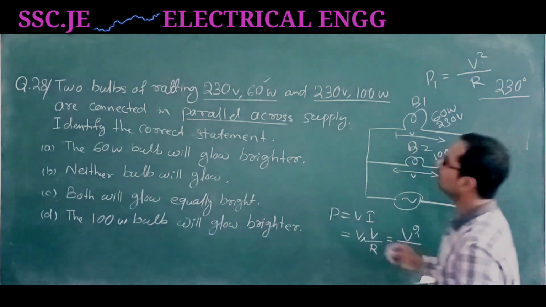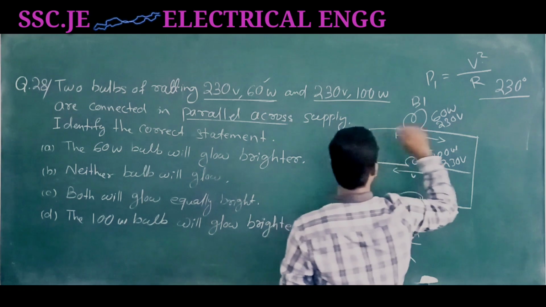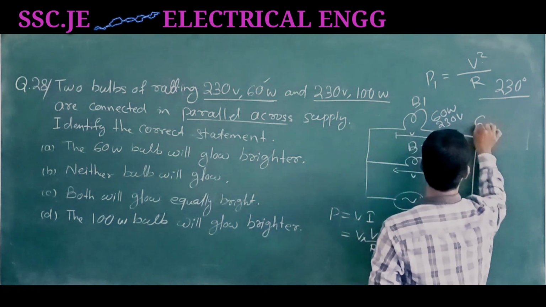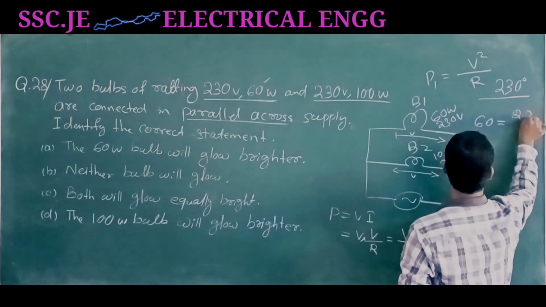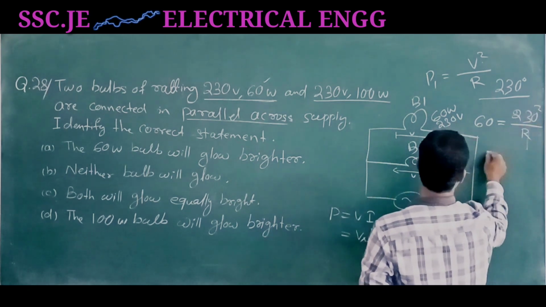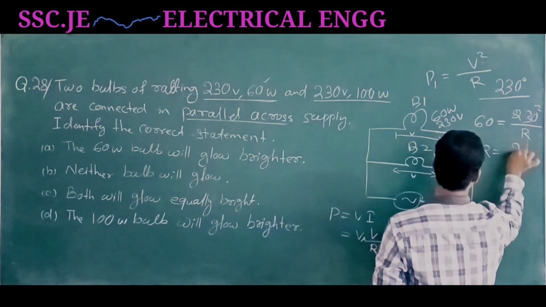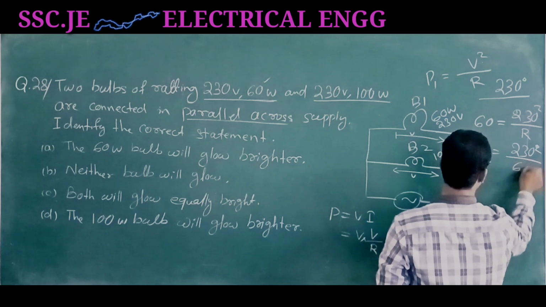Okay, so from 230 volt and 60 watt, as the power is given, P equal to 60 watt, and P equals V square by R, that is 230 square by R. So here R will be 230 square by 60.